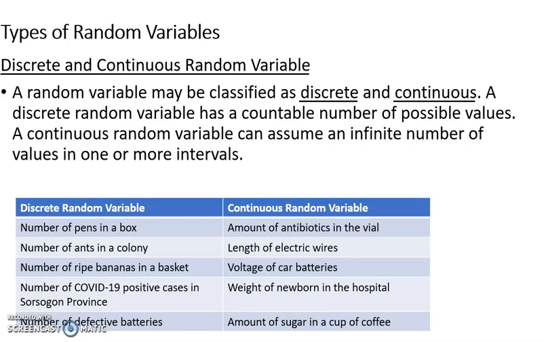A discrete random variable has countable number of possible values. A continuous random variable can assume an infinite number of values in one or more intervals. So we have a comparison here of the examples.